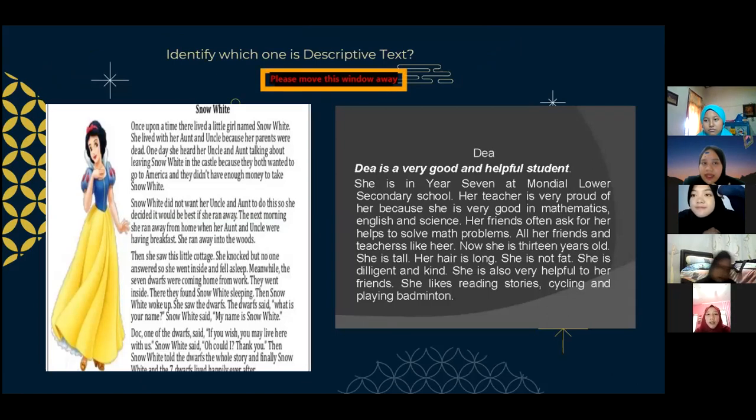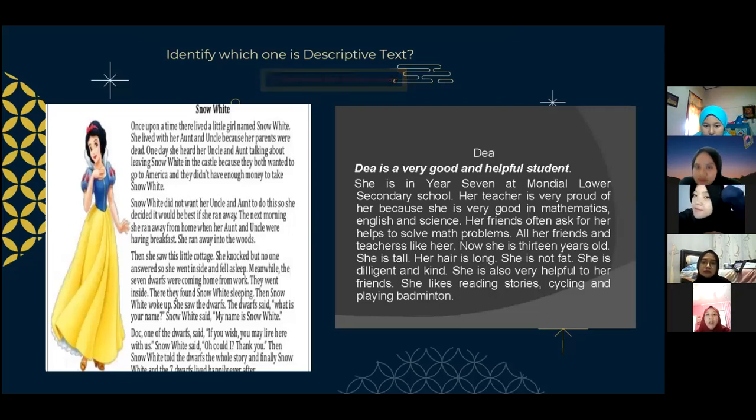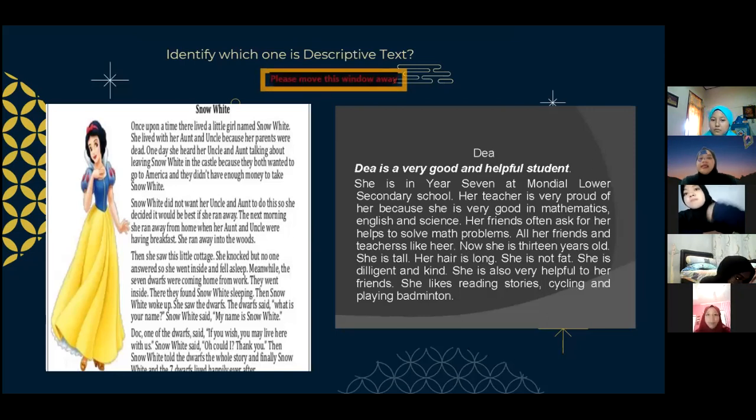I think it is "They are..." Why? Because it tells that she has long hair, she is not fat, and she is diligent and kind. It describes about her. Okay, so that's right. That is the descriptive text.